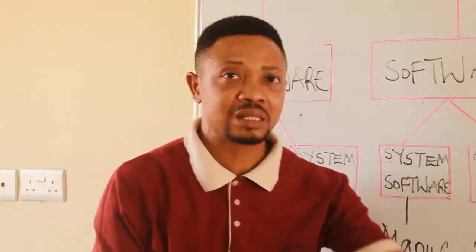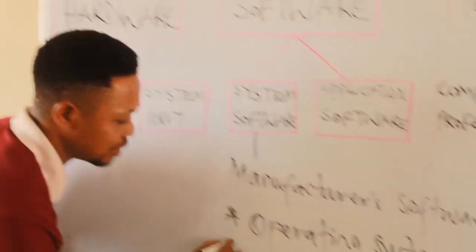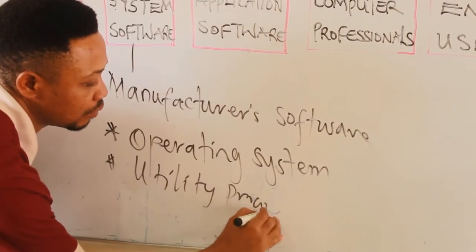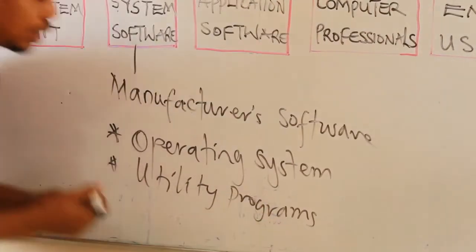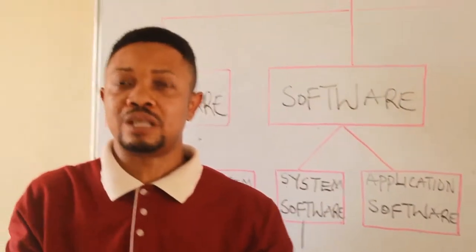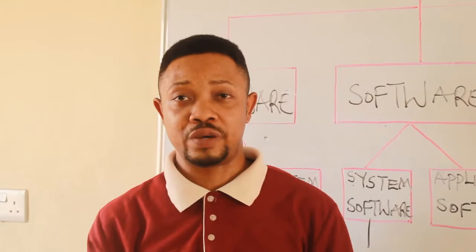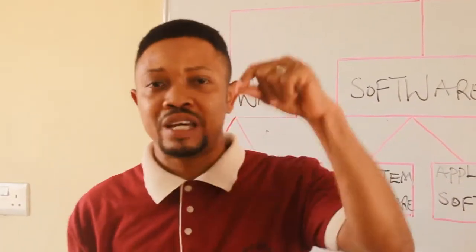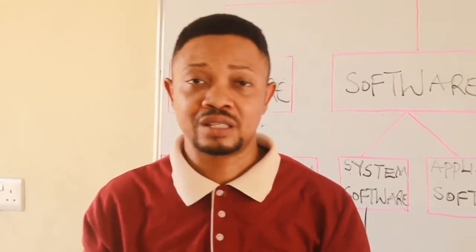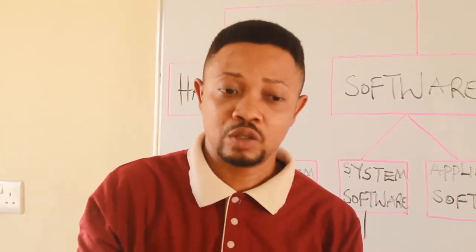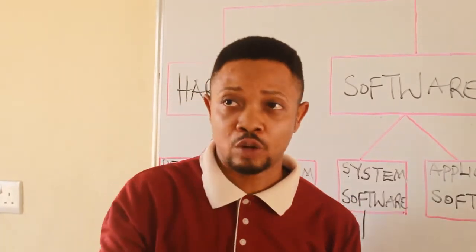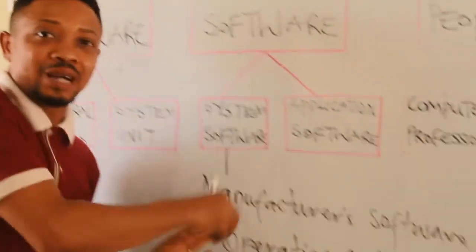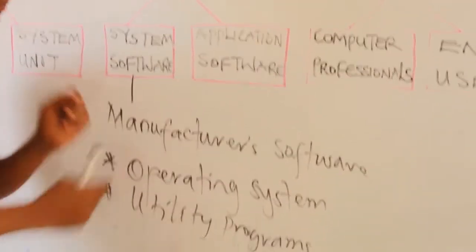There are also other programs called utility programs. Utility programs are extra programs that help the computer function effectively. A typical example of a utility program is a system's inbuilt antivirus program. Every system comes with an antivirus program that helps fight against viruses that come into the computer system. I don't know if you're following. So these are some of the examples of system software.